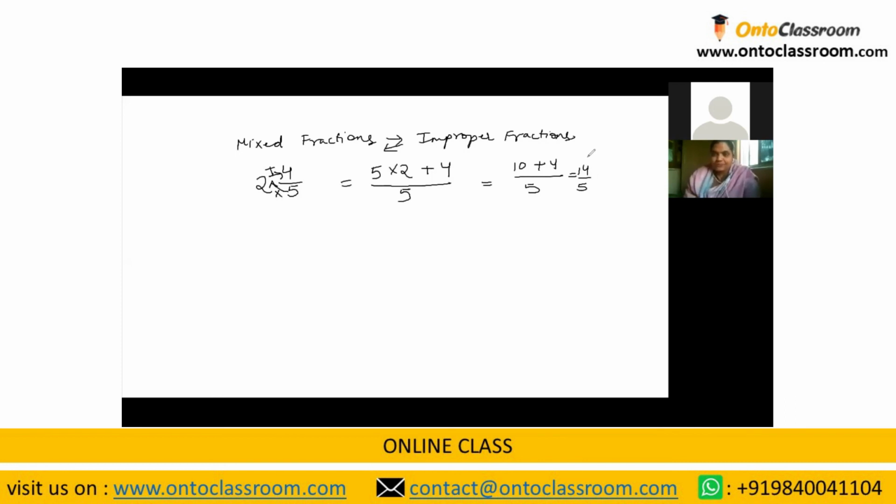And we studied that improper fractions are those where the numerator is greater than the denominator. So here we can see 14 is greater than 5. So this 2 4 over 5, we can even write as 14 over 5.